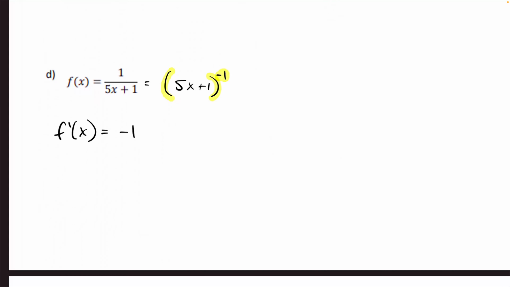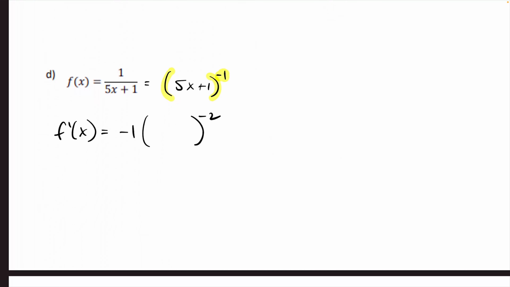So that's negative 1 to the negative 2 power, right? Okay, rewrite the something. Derivative of the inside, 5x plus 1, 5.